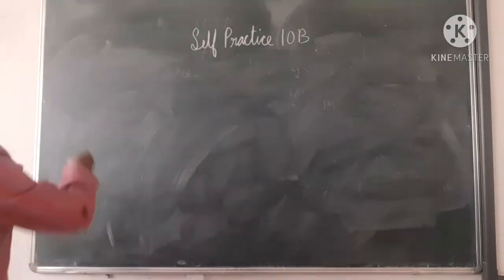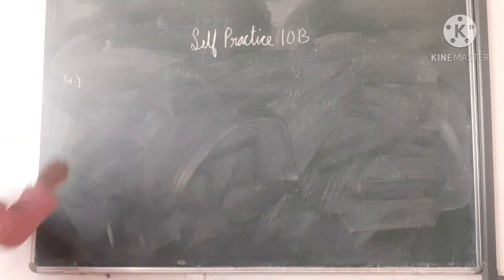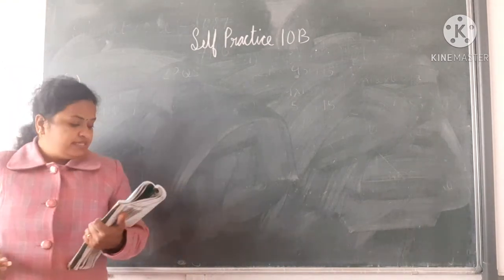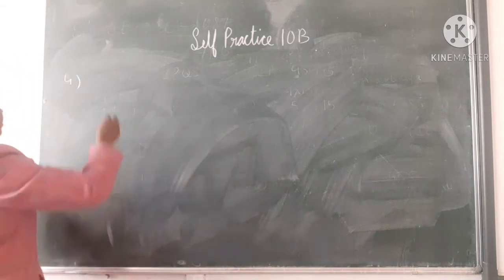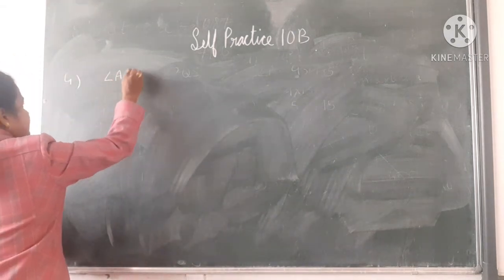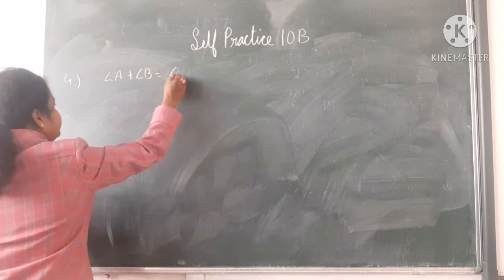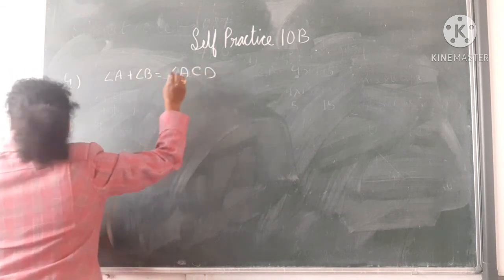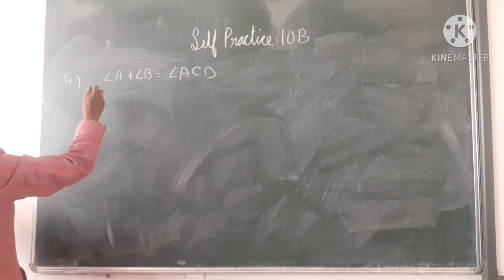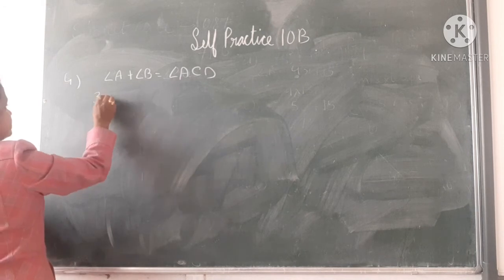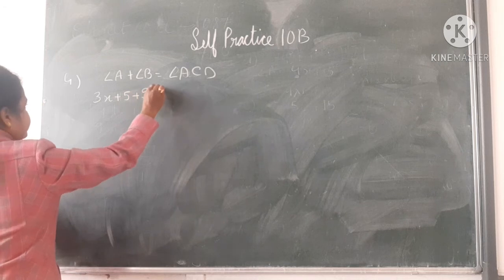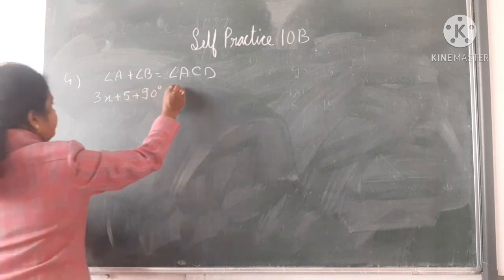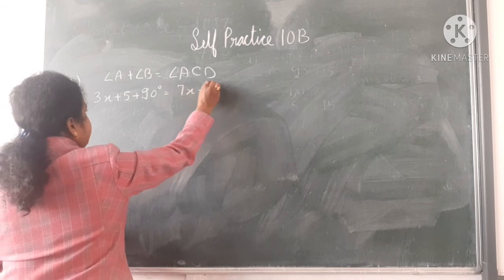See, in question number 4, find angle ACD. Find angle ACD. So what you will have? Angle A plus angle B is equal to angle ACD. Okay? The angle A is how much given? 3x plus 5, and angle B, it is a mark of 90 degree, which is equal to 7x minus 9.